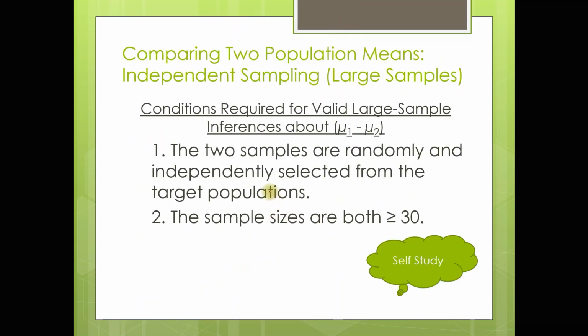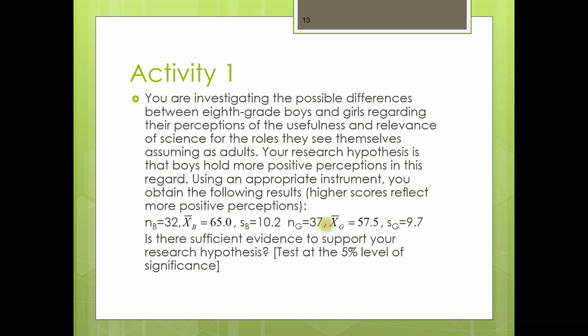Then we have the case of comparing two population means. Because I've already explained confidence intervals to you, I'm just going to be brief about it and give you an idea. The difference here is that you will not define one term.